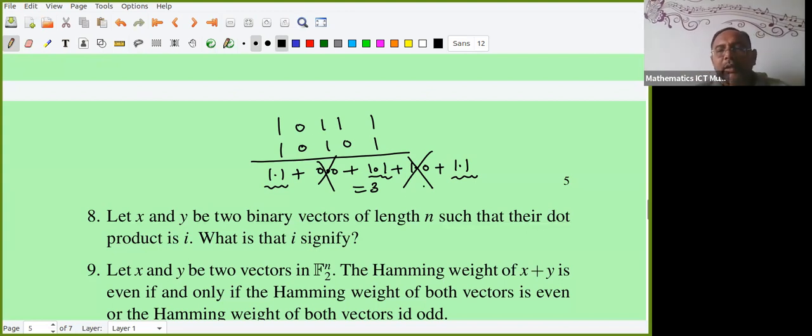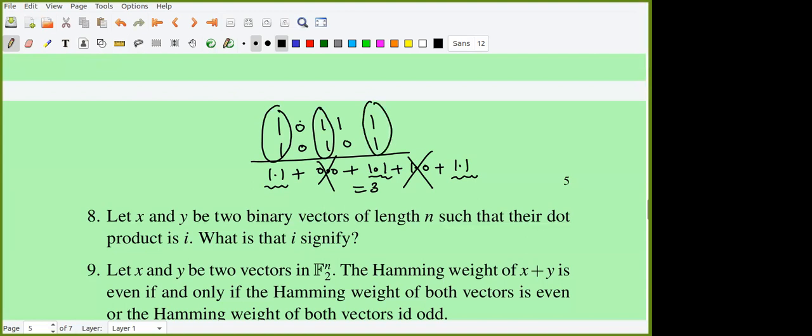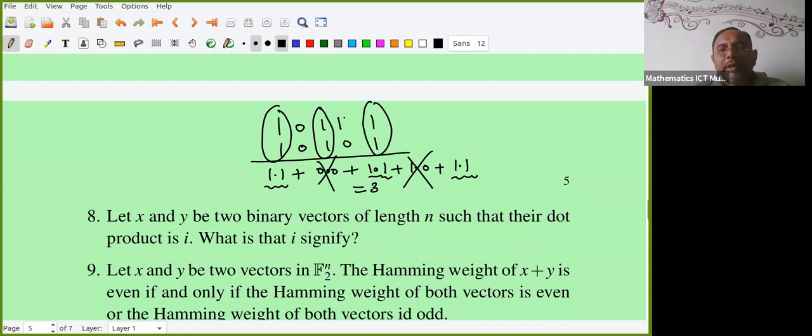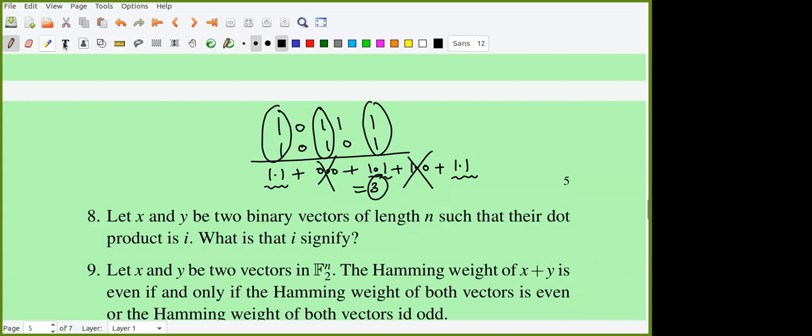Simply that total equal to 3 means at 3 places both have 1, right? Both are 0 also I'll get 0. If one of them is 0 also I'll get 0. Dot product I am doing, right? So 3 means at 3 places they both have ones, right? I'm asking very simple here, nothing.